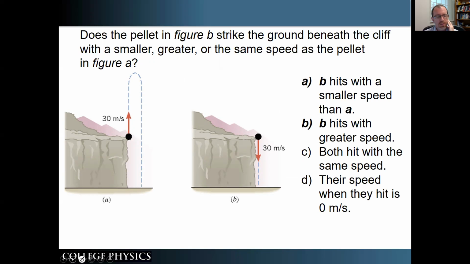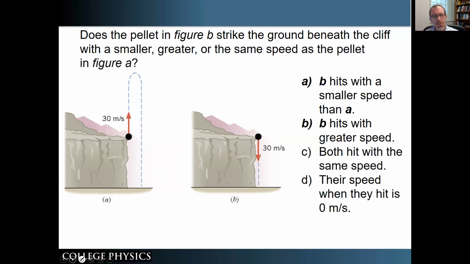It says, we've got a pellet either shot upwards at 30 meters per second. That's choice A, or that's, excuse me, figure A. Or a pellet shot down at 30 meters per second. That's choice B. We're given basically a multiple choice question.